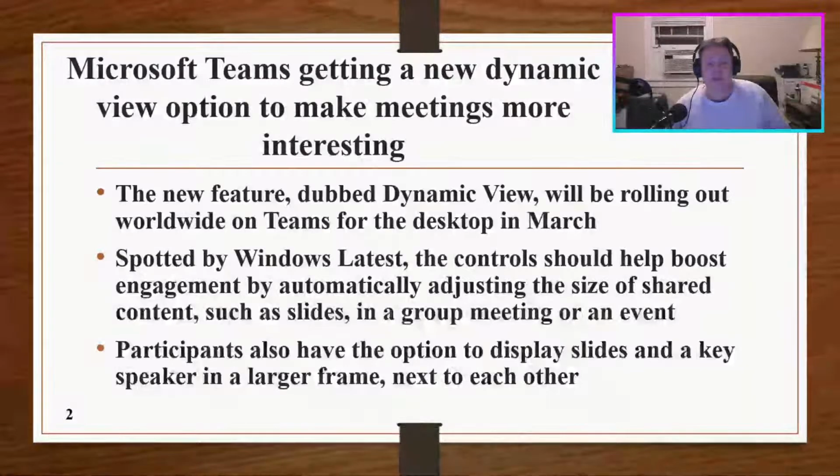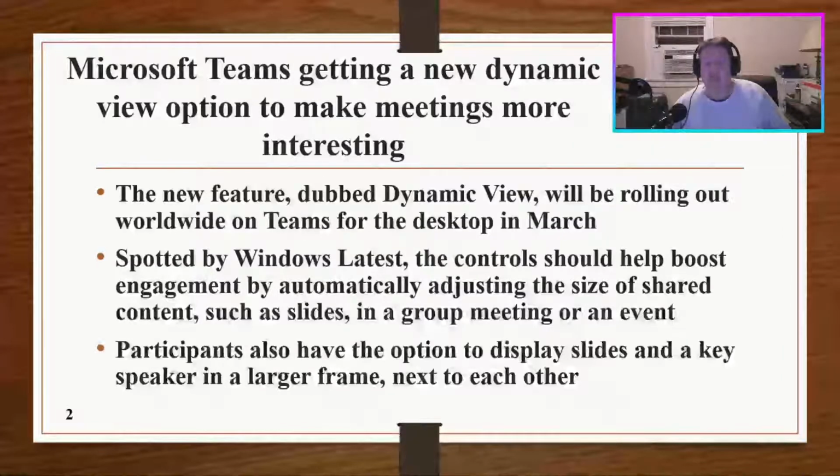The new feature, dubbed Dynamic View, will be rolling out worldwide on Teams for the desktop in March. Spotted by Windows Latest, the controls should help boost engagement by automatically adjusting the size of shared content such as slides in a group meeting or an event.